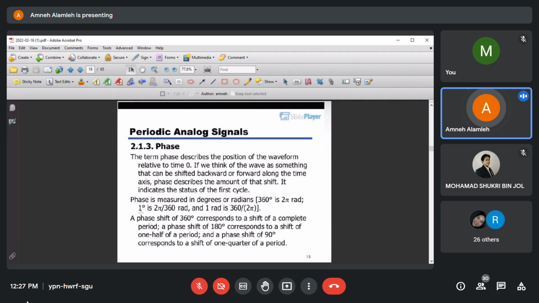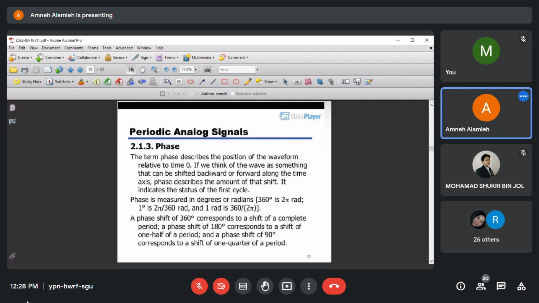So 1 degree is 2 pi over 360 rads, another representation for 1 degree. And 1 rad is 360 over 2 pi. A phase shift of 360 degrees corresponds to a shift of a complete period.